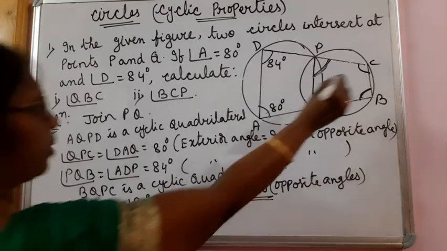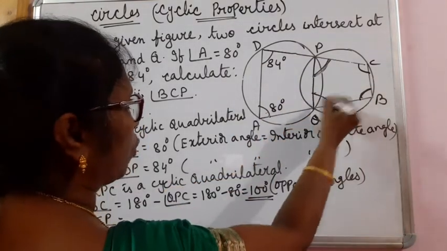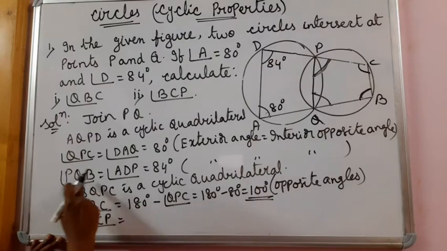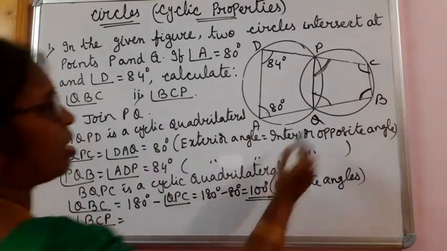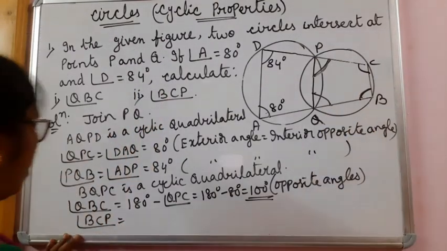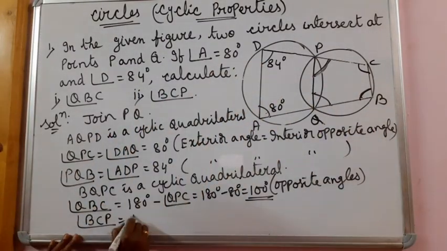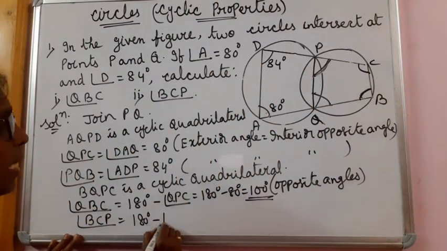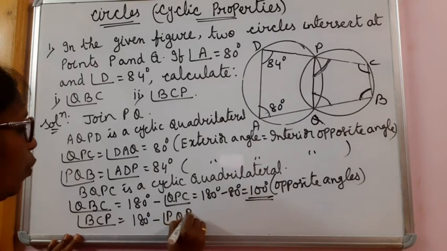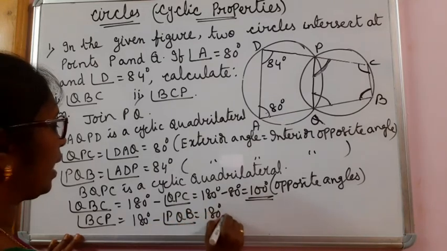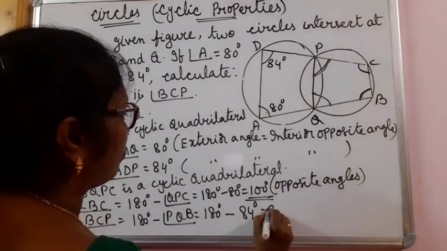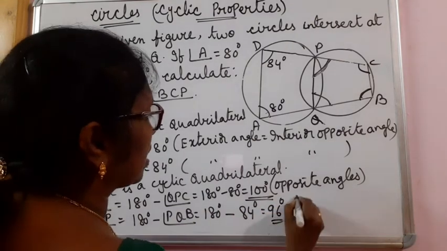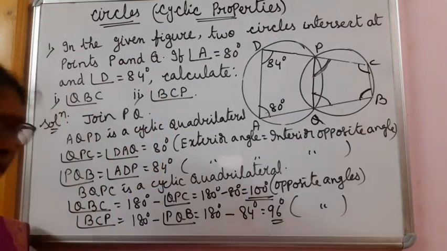Angle BCP and angle PQB are the opposite angles of this cyclic quadrilateral. So angle BCP is equal to 180 degrees minus angle PQB, that is 180 degrees minus 84 degrees. You will get 96 degrees, because of the same reason.